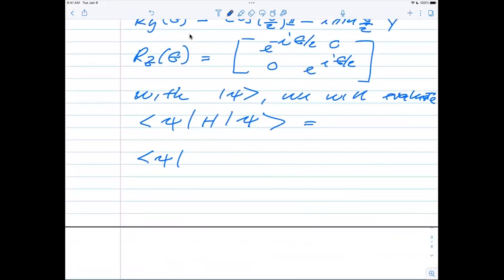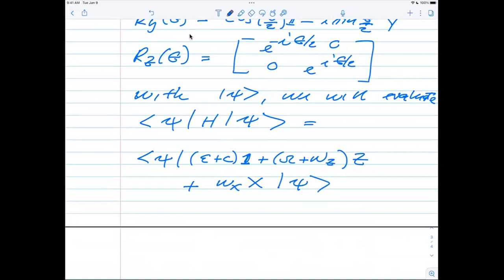We would now have epsilon plus this constant C multiplied with the identity matrix, plus this parameter omega Z multiplied with the Pauli Z matrix, plus this omega X multiplied with the Pauli X matrix, and then we have to calculate this corresponding value here.